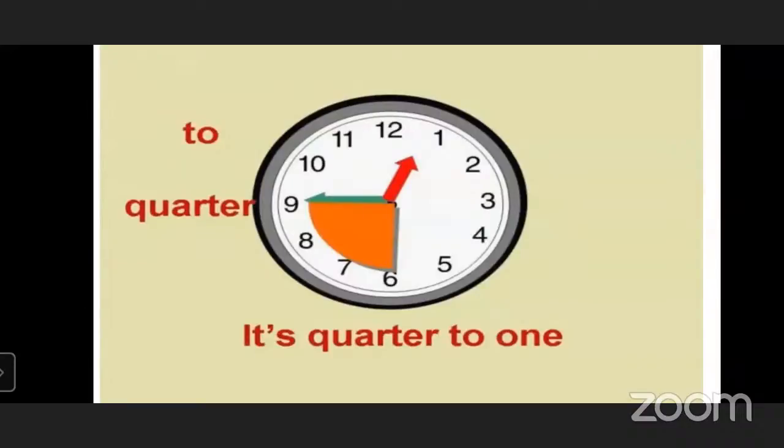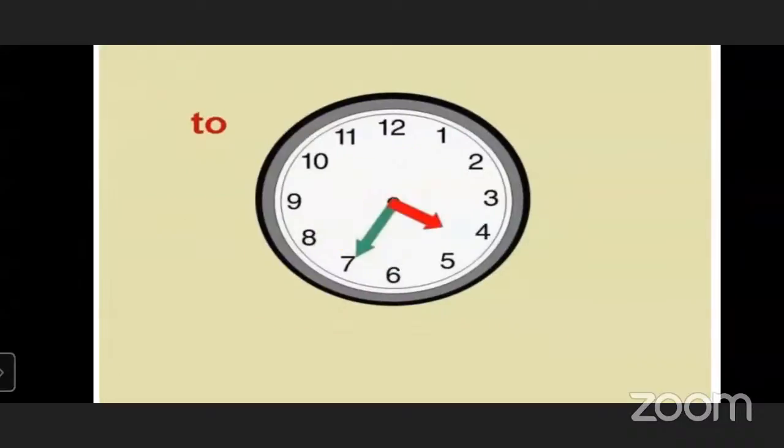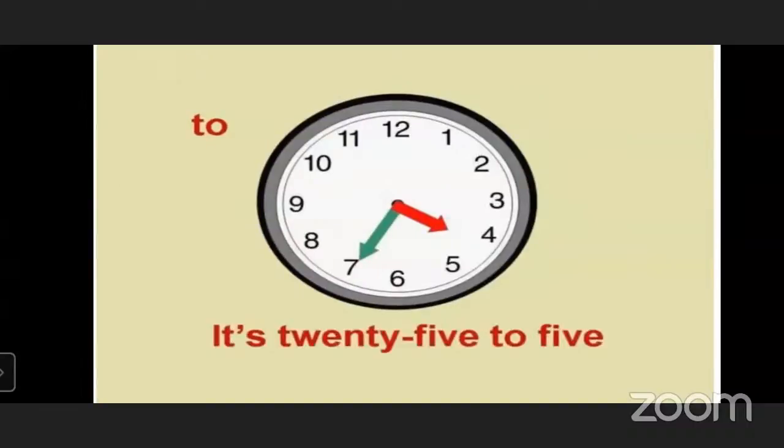It means the time 1 will be in the future. Here the minute hand is on 7 and the hour hand is on 4. So what's the time? 25 to 5. Yes, 25 to 5.